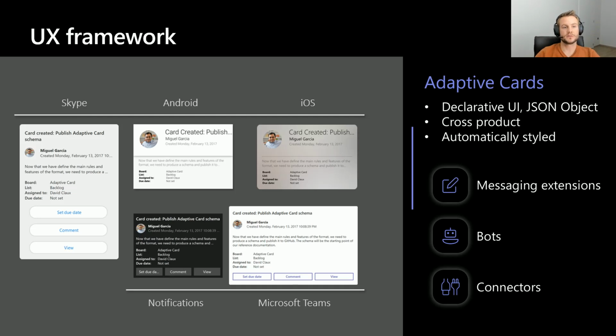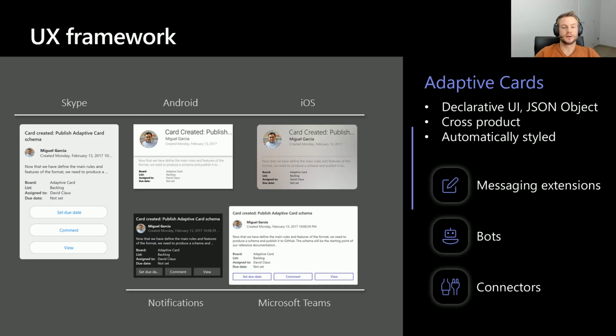You can see that it's currently supported by Skype and Android already, but also iOS, Microsoft Teams, and the native notifications in Windows 10 also support adaptive cards. Adaptive cards are cross-platform, so you can use them on those multiple platforms, and even third-party applications are embedding this capability.